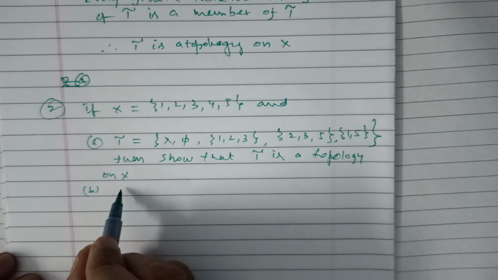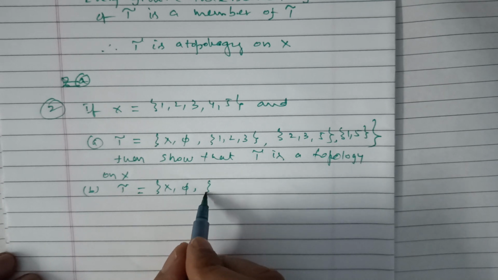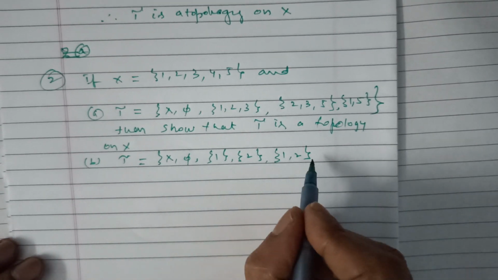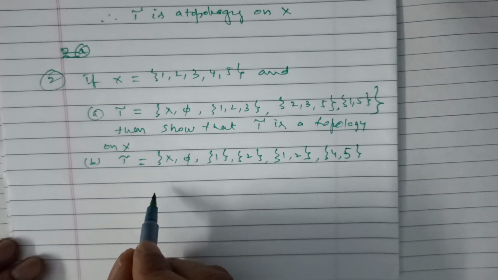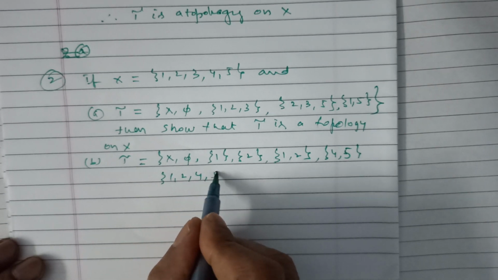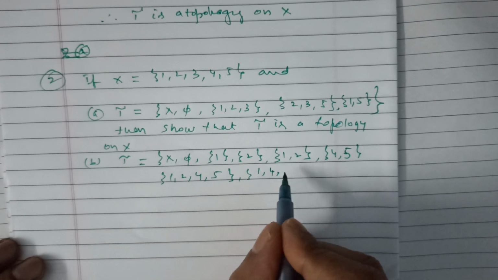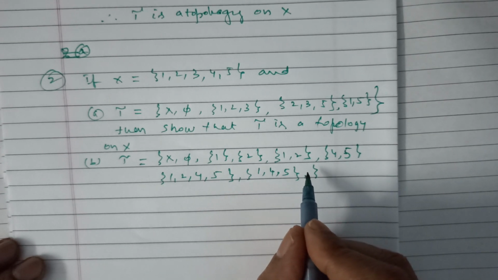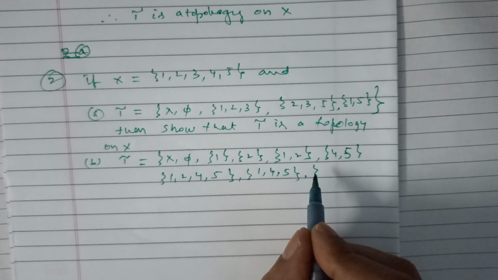The B problem. Tau is equal to {X, 5, {1}, {2}, {1, 2}, {4, 5}, {1, 2, 4, 5}, {1, 4, 5}, {2, 4, 5}}.